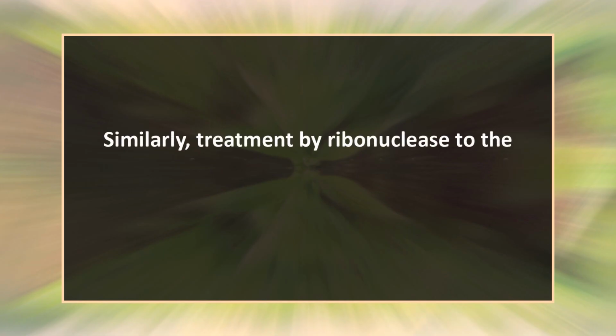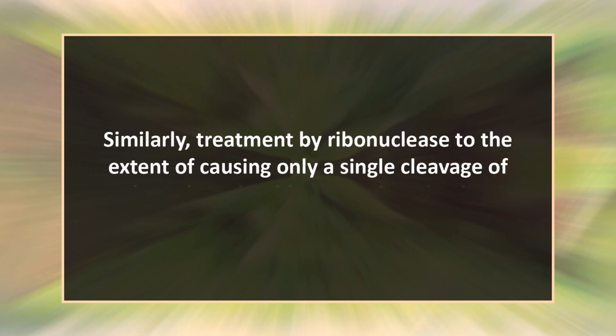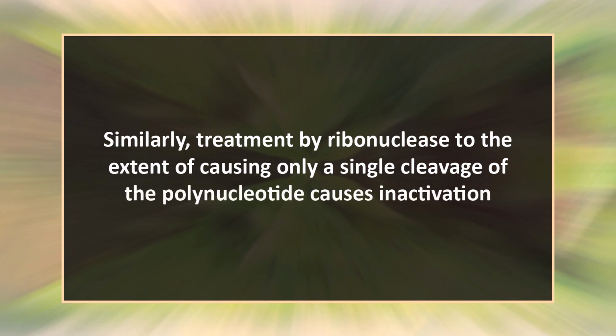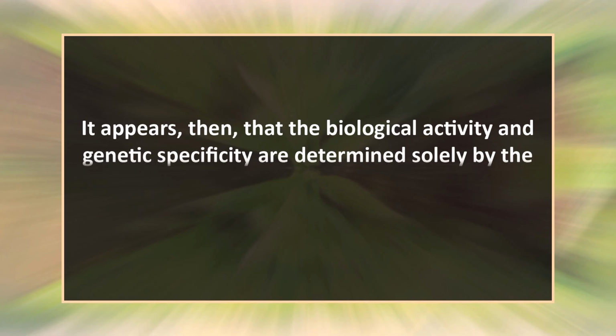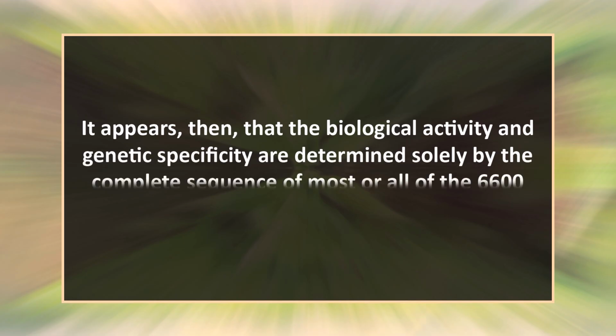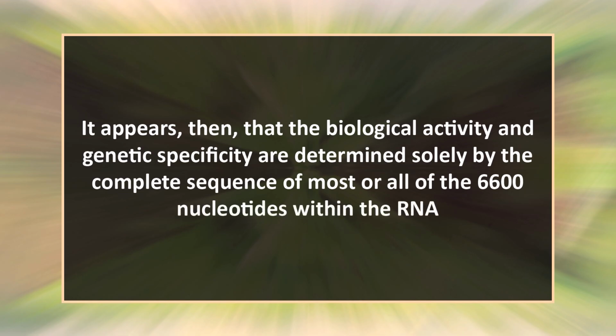Similarly, treatment by ribonuclease to the extent of causing only a single cleavage of the polynucleotide causes inactivation. On the other hand, the effects of changing the tertiary structure of the molecule are not in themselves inactivating. It appears then that the biological activity and genetic specificity are determined solely by the complete sequence of most or all of the 6,600 nucleotides within the RNA.